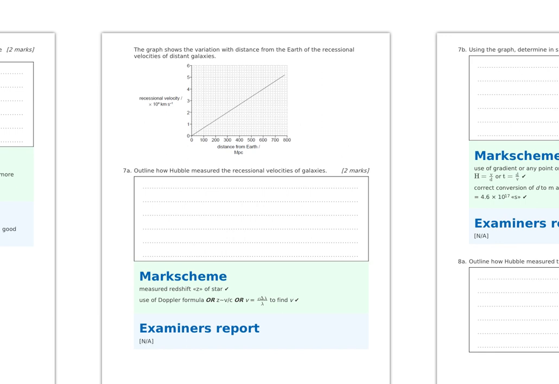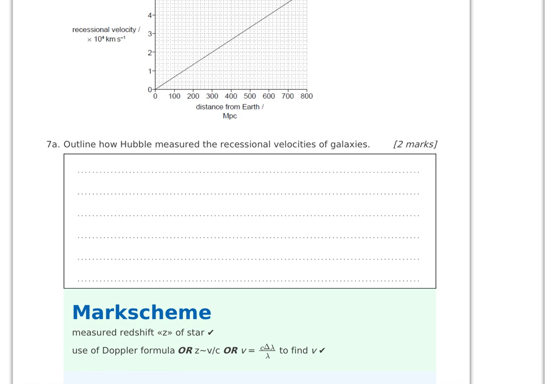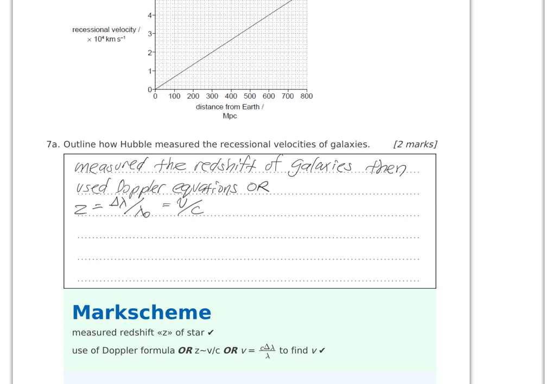He did that based on redshift. Using the redshift he measured from those galaxies, you could either use Doppler equations, or more fitting for D3, use z, the change in wavelength over the original wavelength, which is equal to the speed of the galaxy over the speed of light.